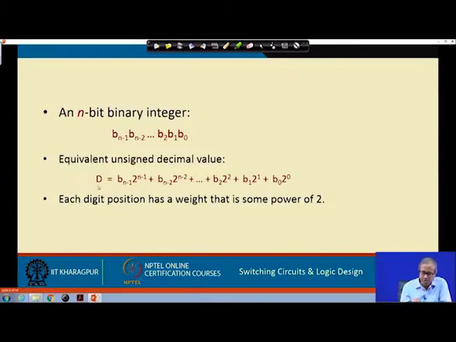To calculate the decimal equivalent, you multiply the digits by the corresponding weights and add them up. B0 is multiplied by 2 to the power 0, B1 by 2 to the power 1, and so on, Bn minus 1 by 2 to the power n minus 1. In binary each digit position has a weight which is some power of 2. This way you can calculate the decimal equivalent.